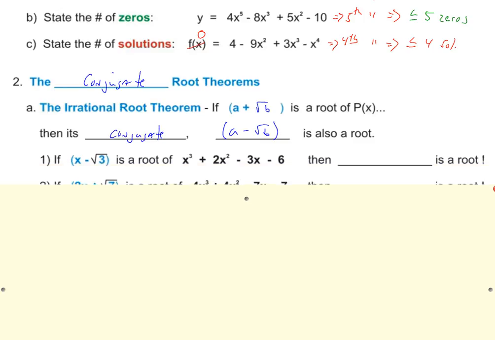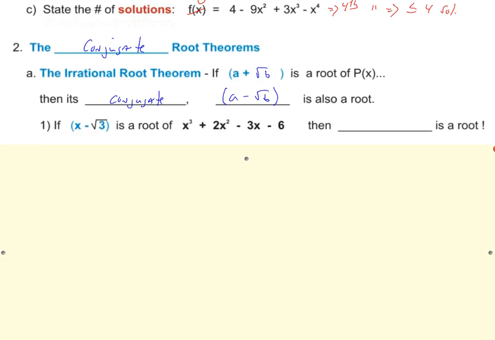So here's a couple quick examples. If x minus the square root of 3 is a root, then we also know another root: x plus the square root of 3 is also a root. It has to be. Now we have two roots instead of one. So 2 for the price of 1 sale. Buy one, get one free.